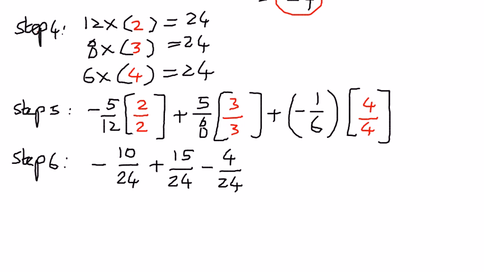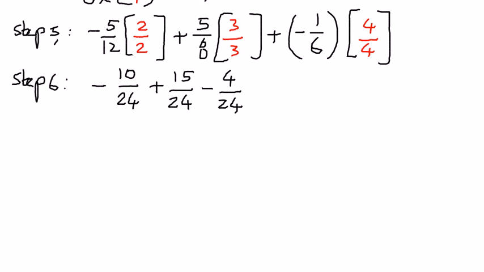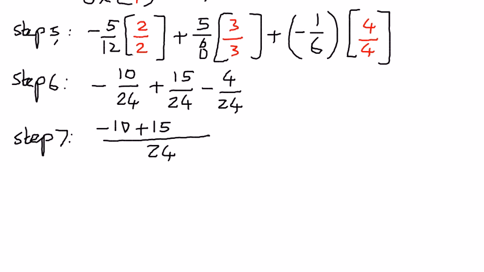Now we have fractions with a common denominator. We'll write it as step number 7. The common denominator is 24, and now we combine the numerators. As long as the denominators are the same, we combine the numerator parts. So in the first fraction numerator, we have negative 10. The second fraction numerator, we have 15, and in the third fraction, in the numerator we have a negative 4.